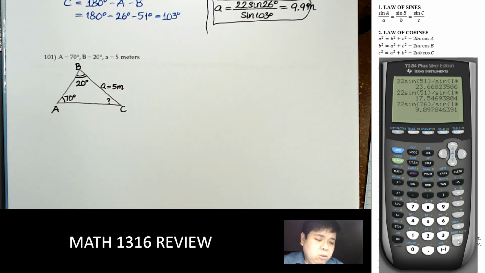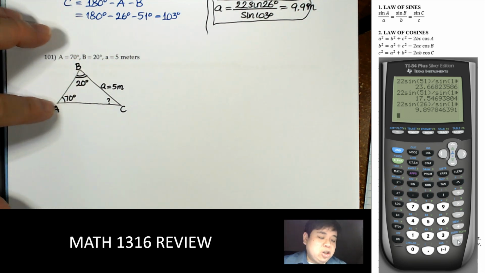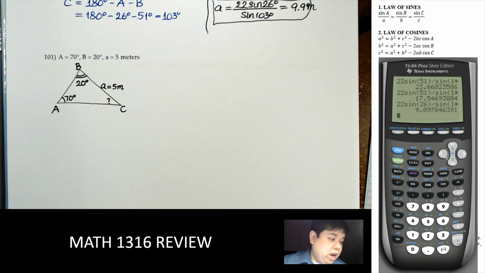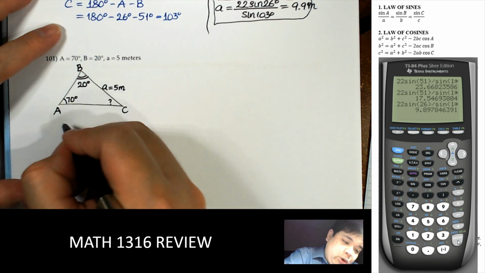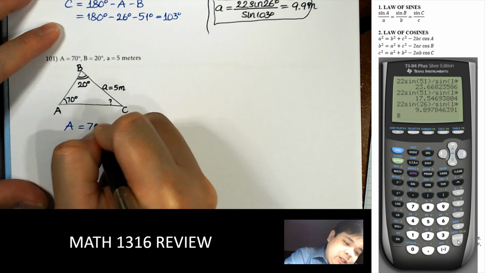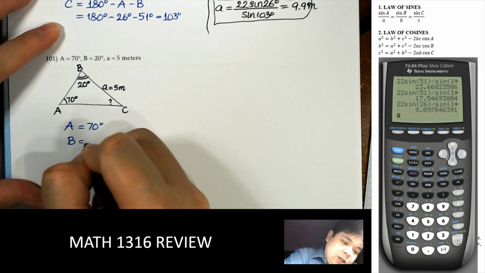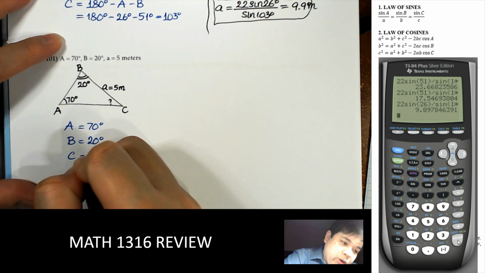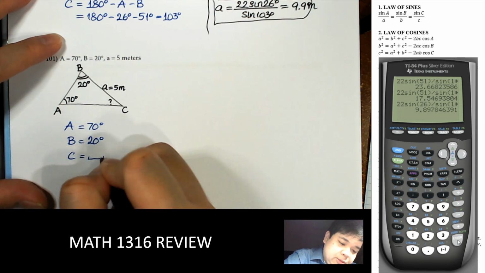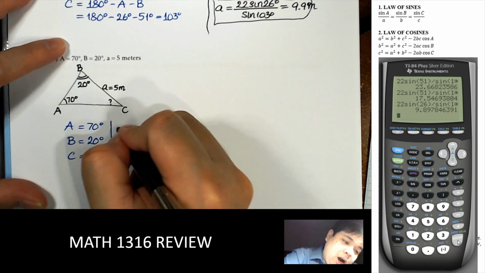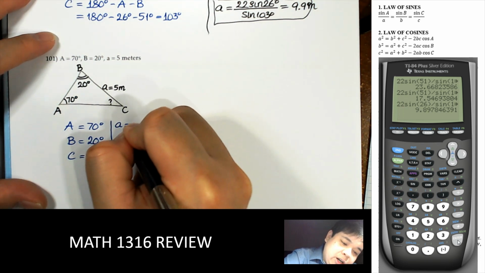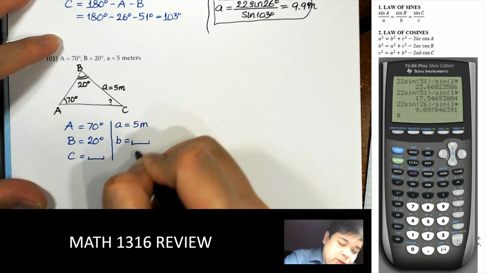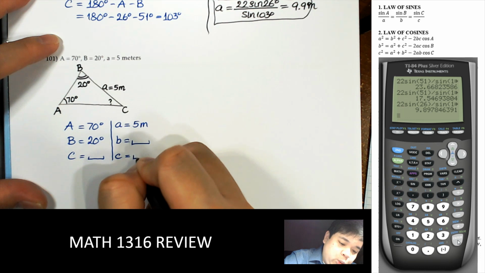Regardless, in this triangle we are given two angles, so let's find the third one. But first let's summarize the data as we have before. So we have A 70 degrees, B 20 degrees, and C we don't know. Opposite to that angle, side a is 5 meters, b we don't know, and c we don't know.